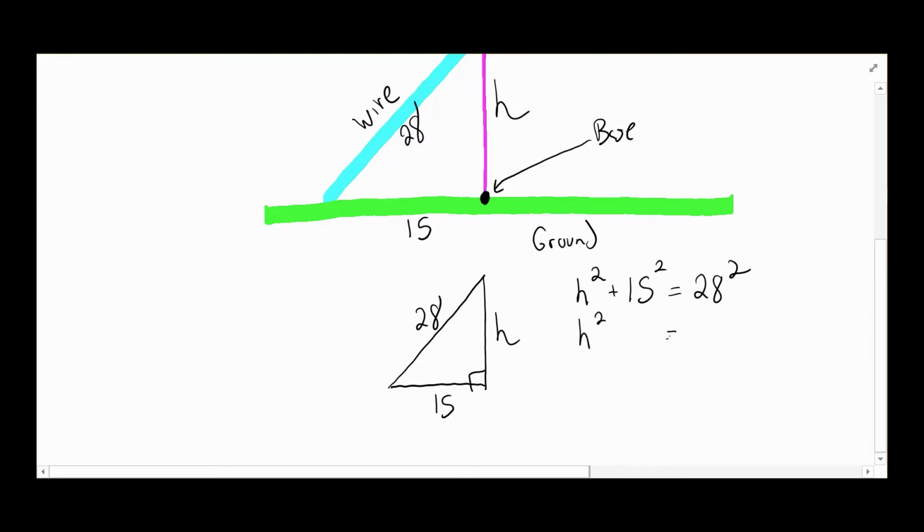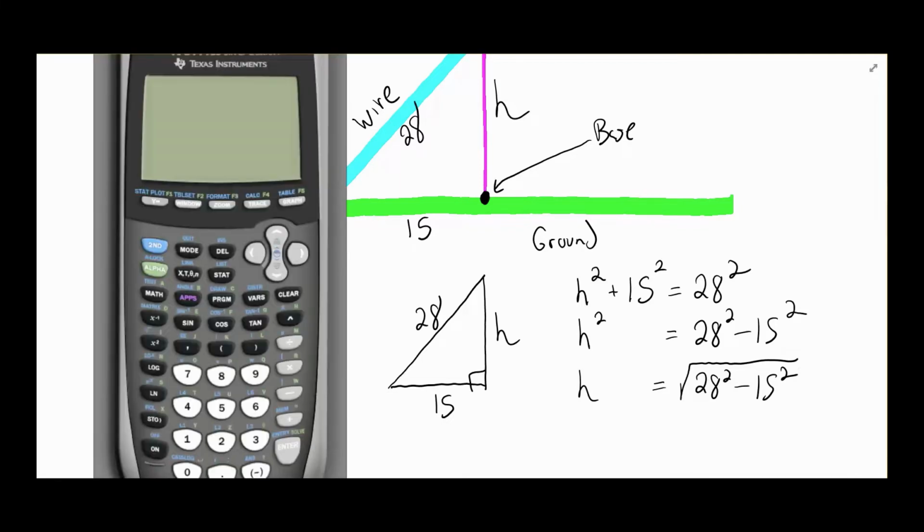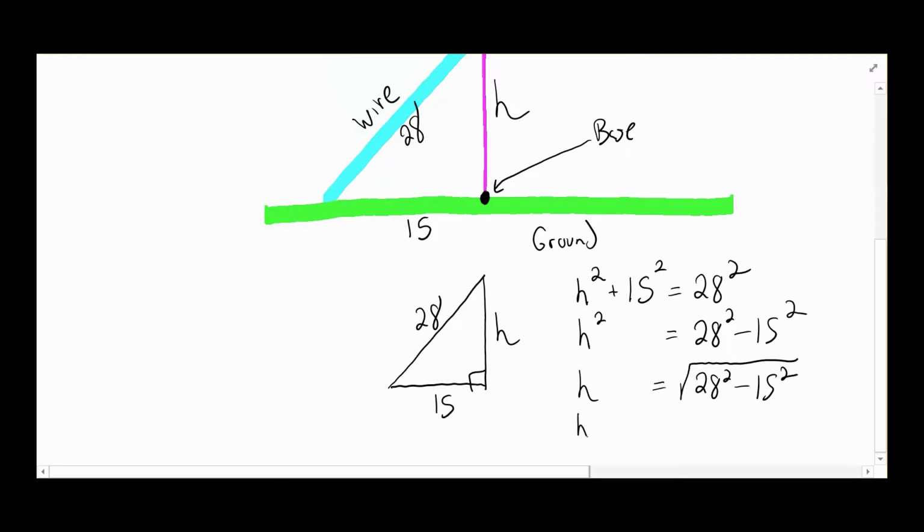We can subtract the 15 squared to the other side, and then take the square root in order to solve for h. At which point we can go ahead and use our calculator. So we can take the square root of 28 squared minus 15 squared and get an answer of about 23.6 feet.